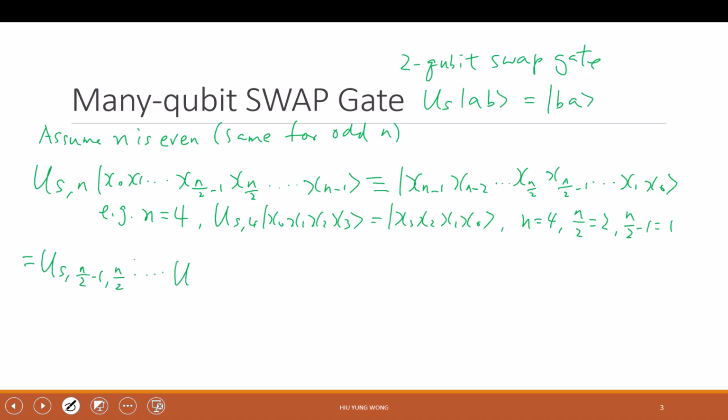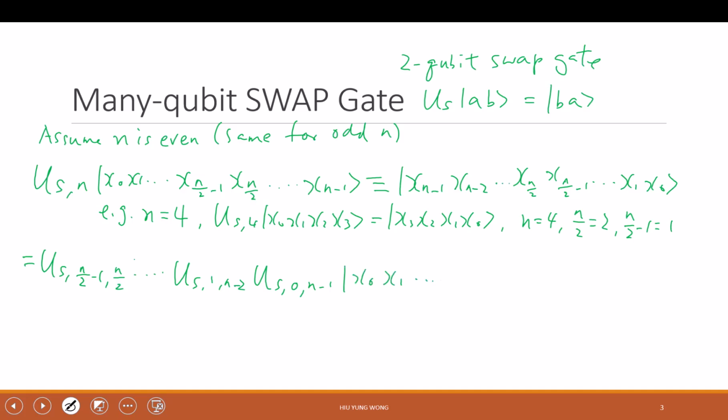Swapping 1 and n minus 2, and then swapping 0 and n minus 1, when I apply to this state.